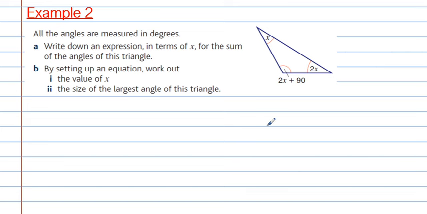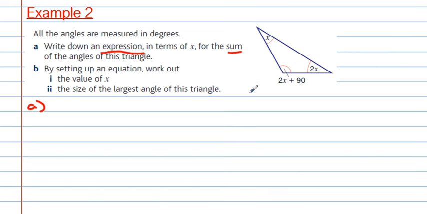Okay, here we have a shape here. All the angles are measured in degrees. Write down an expression in terms of X for the sum of the angles in the triangle. Let's go.